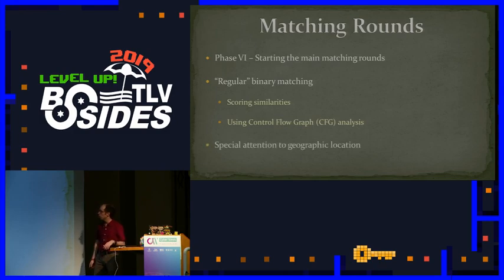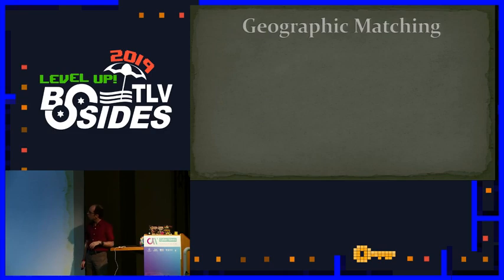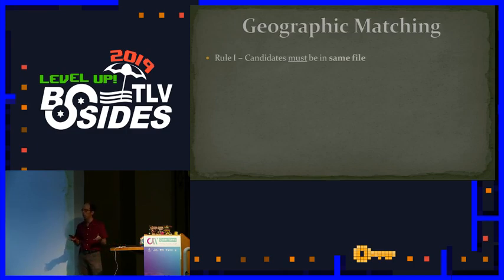The most important part is the geographic location, because we have additional scoring we could use, and we have penalties we could infer also. Geographic matching means we have several assumptions, which are hard rules we must obey. This means that a candidate for a given file must reside on the scoped area of that file.